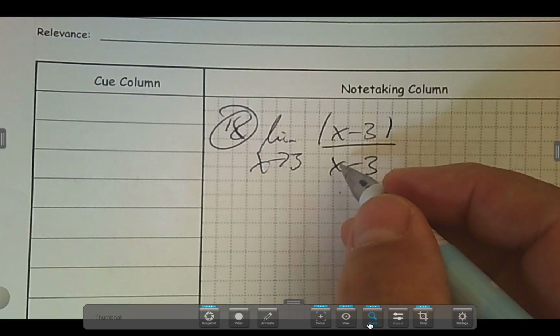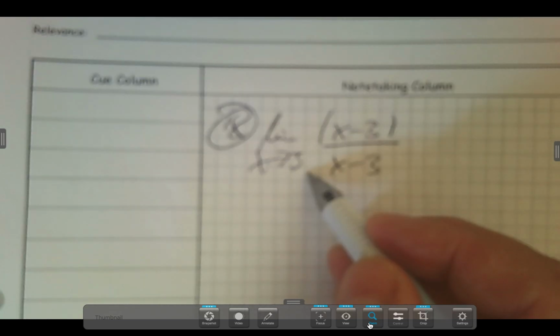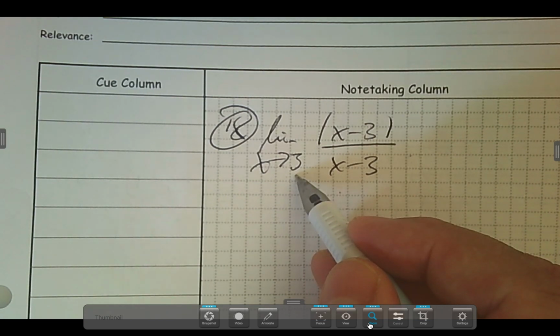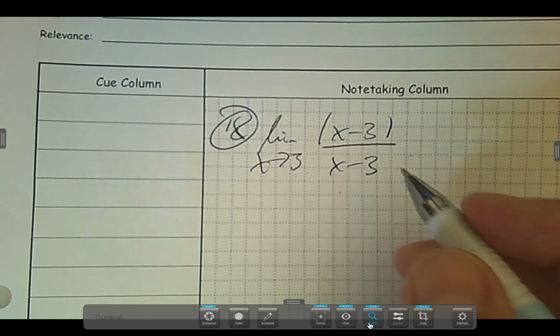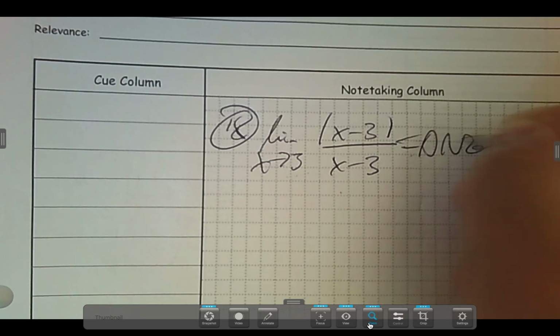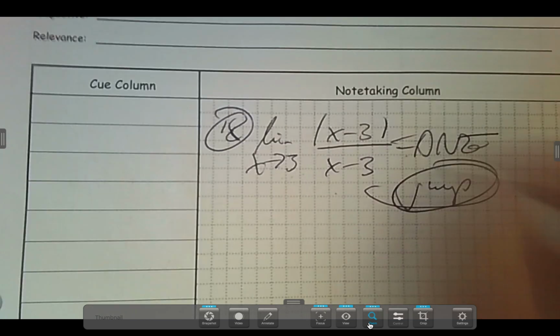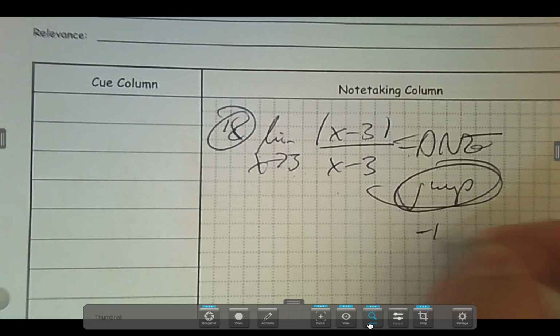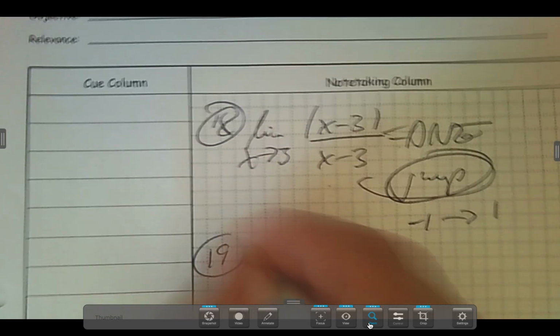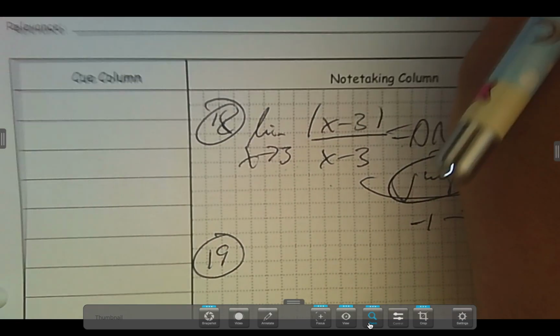What does this graph look like? Well, if you plug in a number bigger than 3, you get +1. If you plug in any number smaller than 3, you get -1. And exactly at 3, there's a jump. So this limit does not exist because there's a jump that goes from -1 to 1 when x approaches 3. It's the jump that means the limit does not exist.